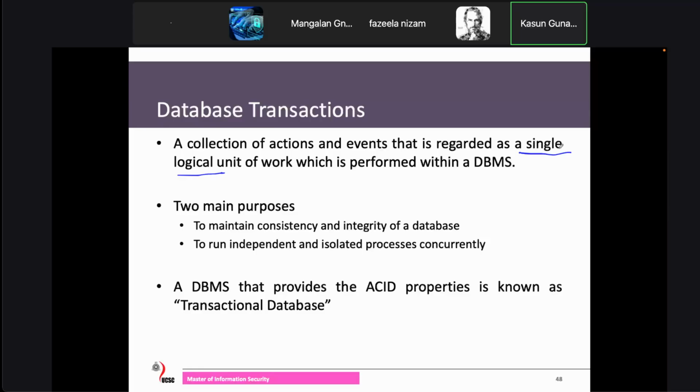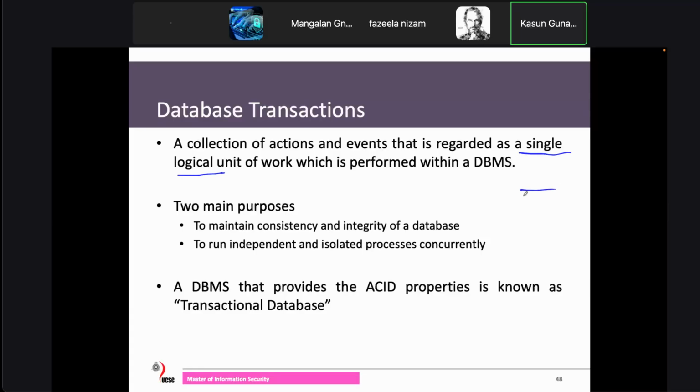It may contain a series of different actions, such as inserting data into one table, deleting something from another, and updating something in another table. There can be different activities, but it should be executed as a single logical unit, which means the outside world should not see it as a series of activities.